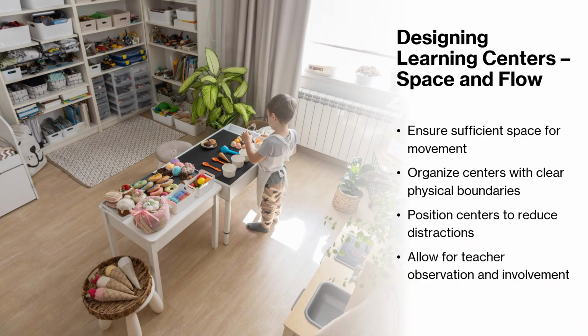Position noisy or active centers away from quieter areas to minimize distractions. Additionally, you can arrange centers so you can easily observe and interact with children, providing support and guidance as needed. The thoughtful classroom layout promotes autonomy and smooth transitions among activities.